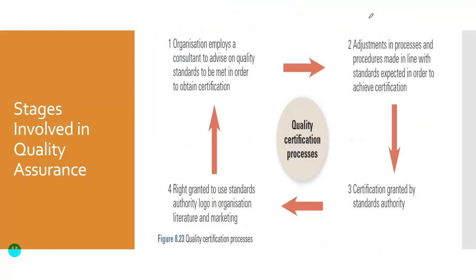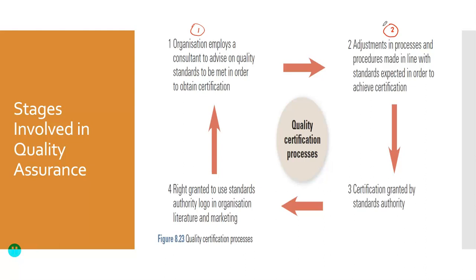What is this certification process? How does it work? What are the stages involved in quality assurance? The organization will employ a consultant to advise on the quality standards. They will then give advice, and adjustments in the process will be made in line with the standards in order to achieve the certification.